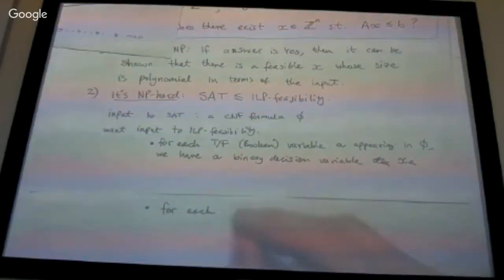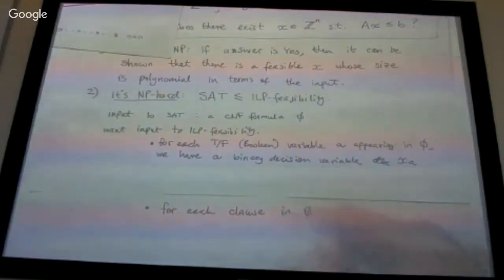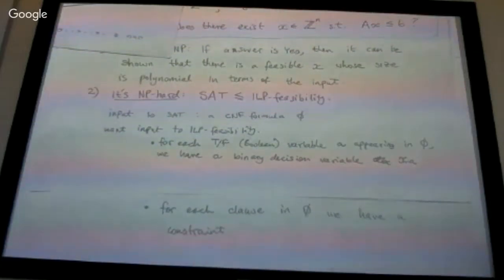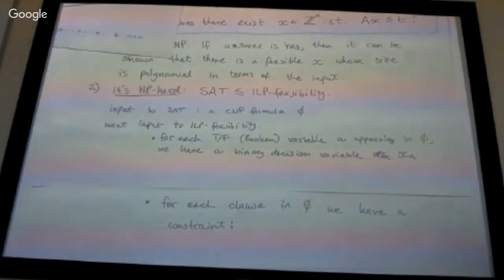And for each clause, we have a constraint. So what is the clause like? A clause is something like A or not B or C. Okay, the negations could be elsewhere.